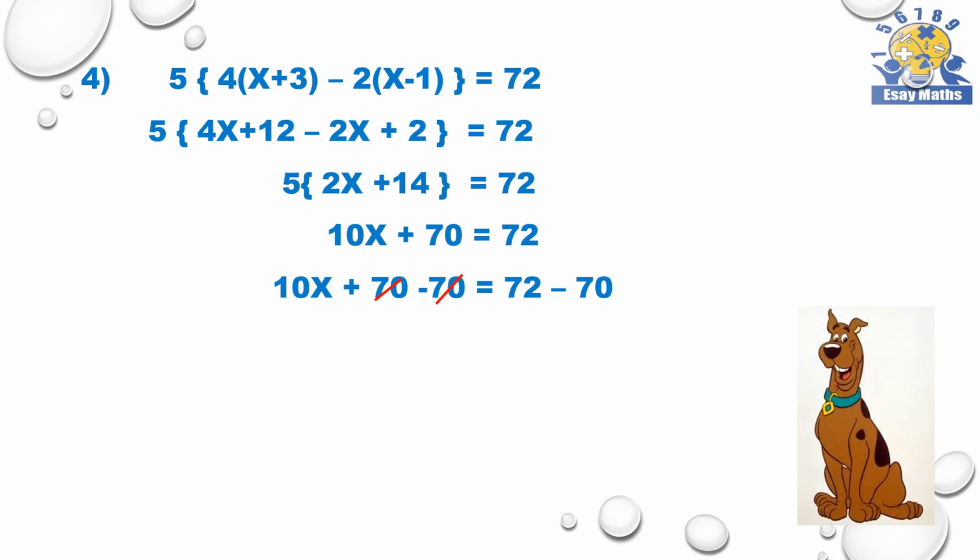To remove that plus 70, we should put minus 70 for both sides. 10x equals 2. To remove that 10, we should divide both sides by 10. Then the answer is x equals 1 over 5.